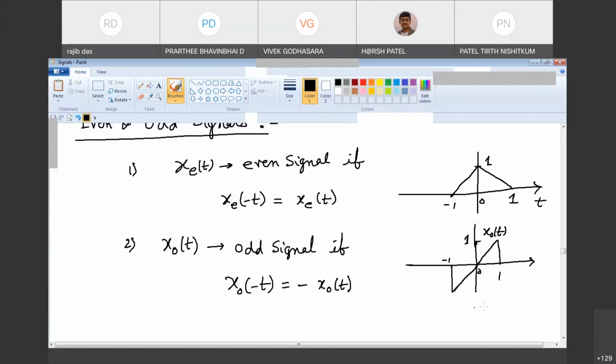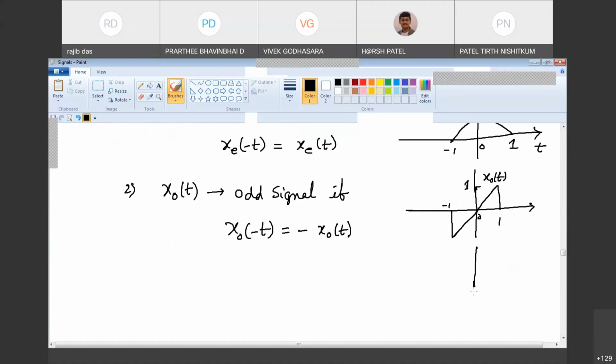Now, can you draw the corresponding folded signal? Just this one. Time reverse, x_o of minus t. What is that? It is a folding. So the negative side will come to the positive side, the positive will come to the negative side. That's all. So this shape will come to this side. Okay, this one.